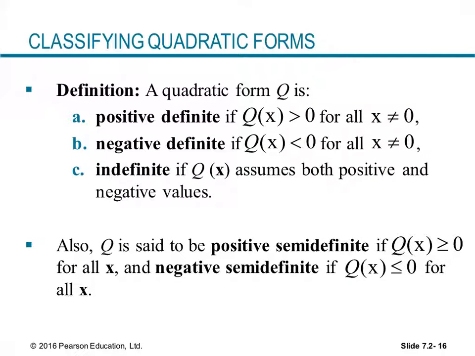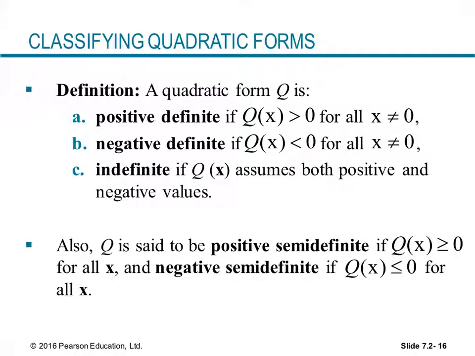Given a quadratic form Q, we say Q is positive definite if Q(x) is positive for any non-zero x vector. Please note that if x is 0, then the quadratic form will have value 0. We say the quadratic form Q is negative definite if Q(x) is negative for any non-zero x vector. And if Q assumes both positive and negative values, then we say this quadratic form Q is indefinite.